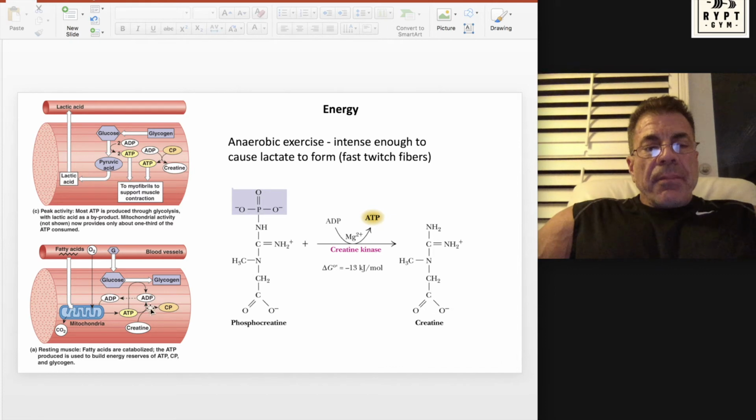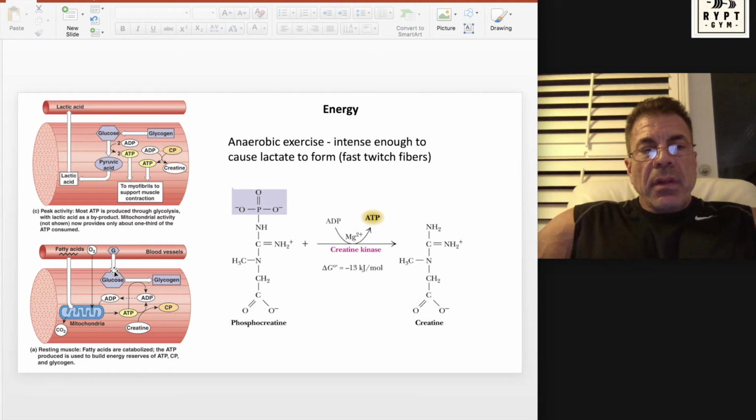When we're resting, we want to store energy. So if glucose is not around, remember glucose is our first source of energy. The body will go to glucose first, burn it by making pyruvate into the Krebs cycle and electron transport chain to make ATP.